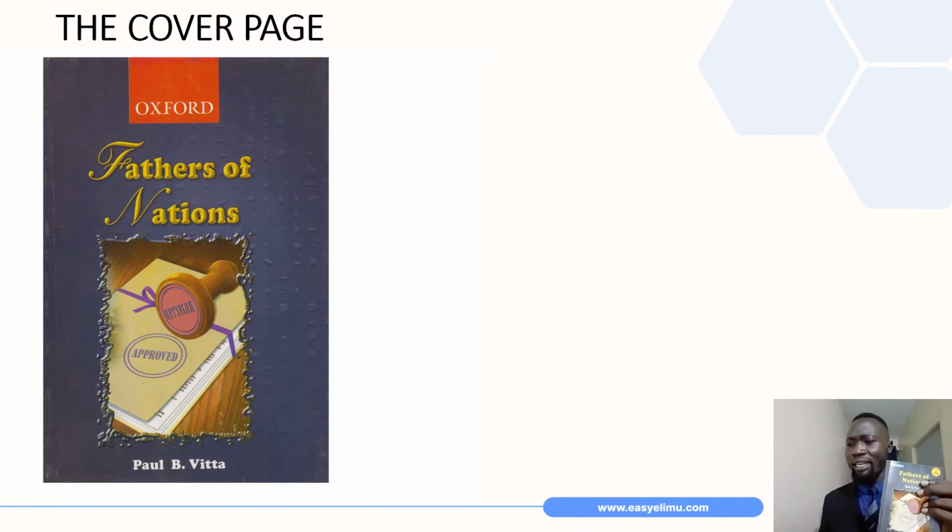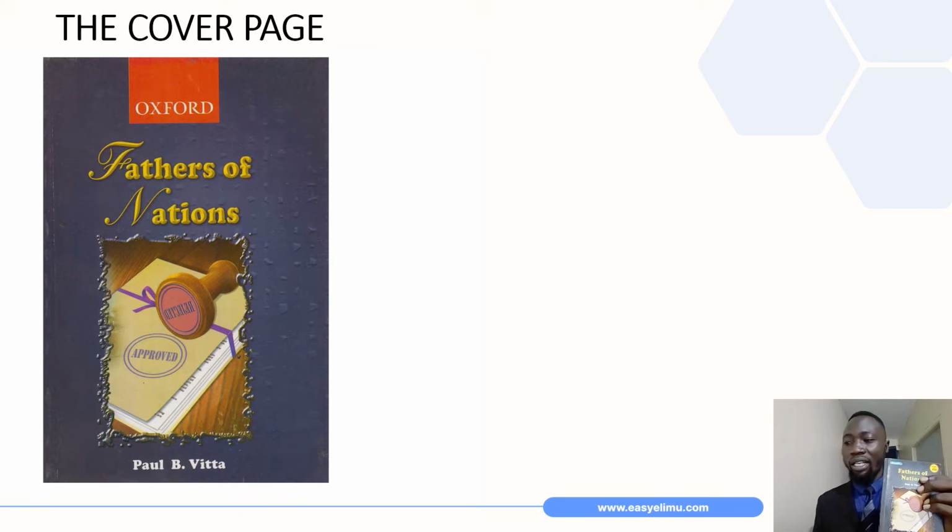So this brings or talks about some uncertainty, or we can talk about differences in ideas between two parties. So that is what the cover page is all about. There is a document, a stamp, one that is written on the stamp, another one that is stamped already on the document.